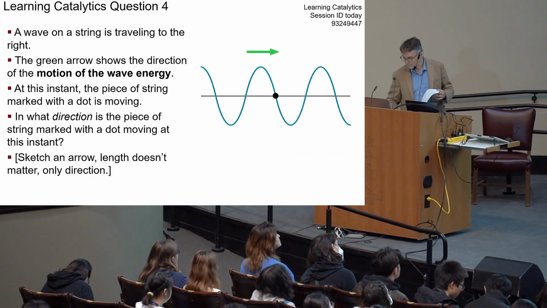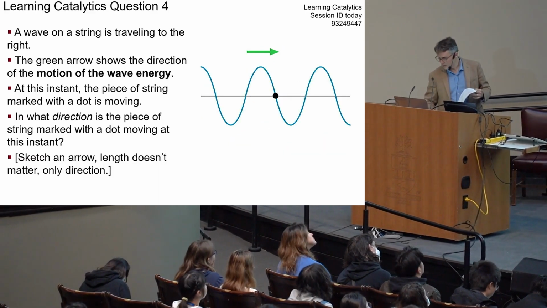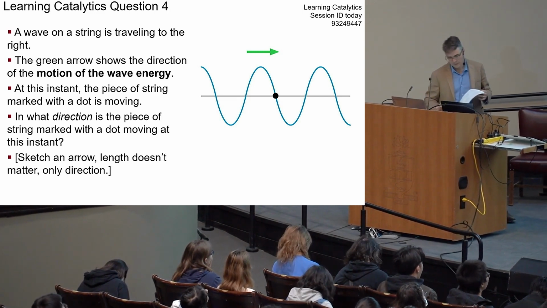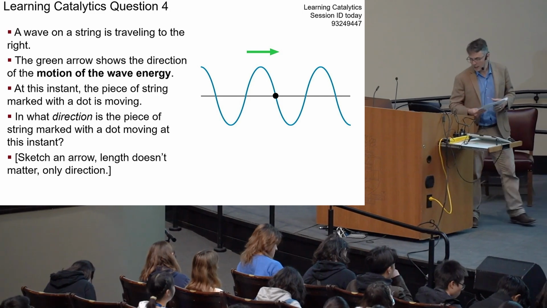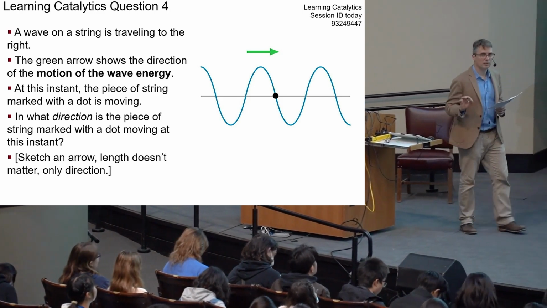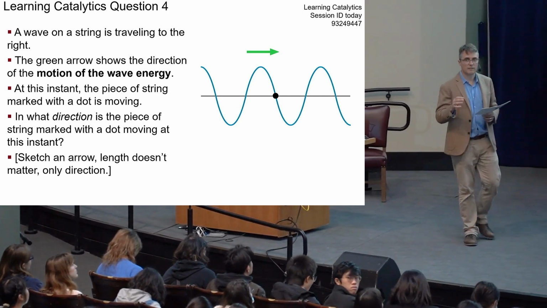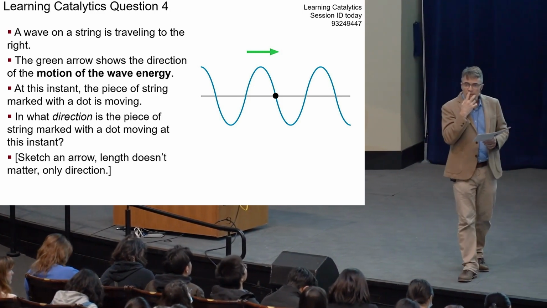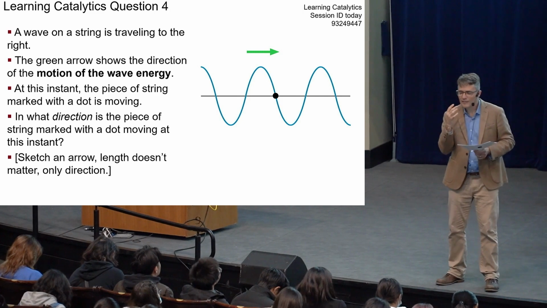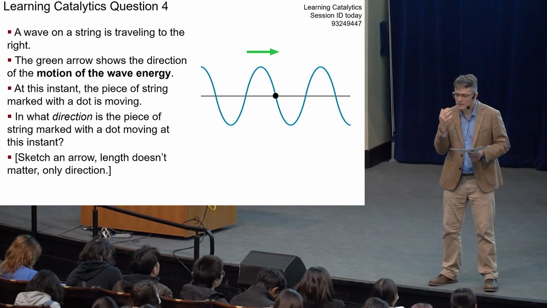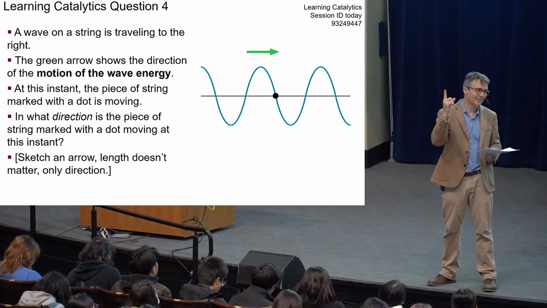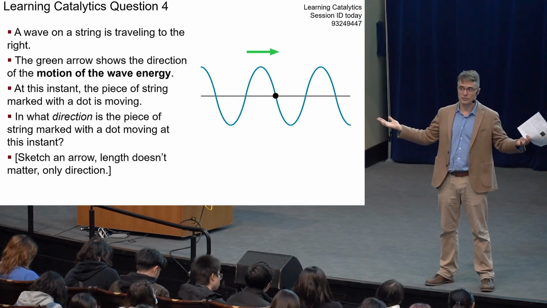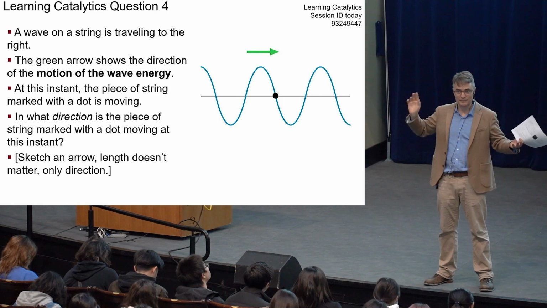So for this one, this will be our last question here. See if you can draw the direction of the motion of this particle on this sinusoidal wave at this instant. The way that I do this in my head, because this is a tricky question: first of all, it's a transverse wave, so the direction has to be up or down.